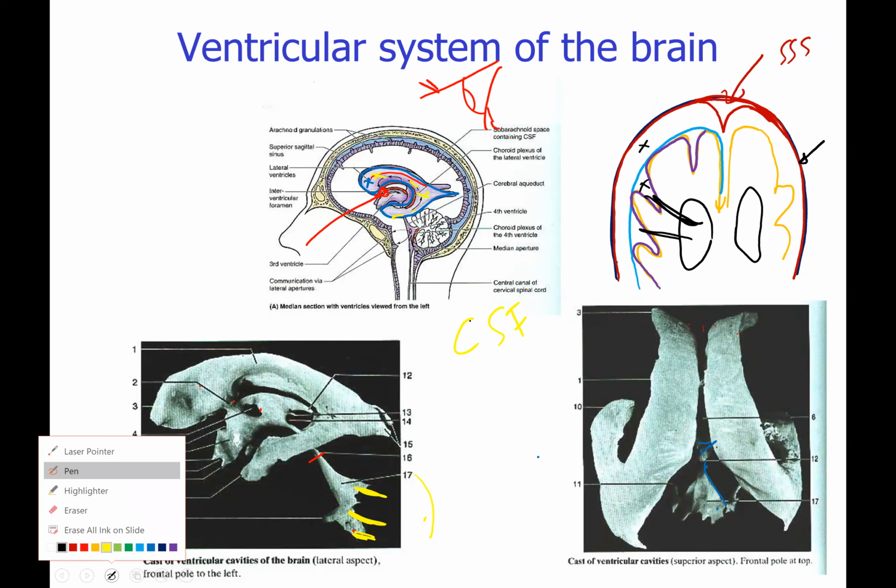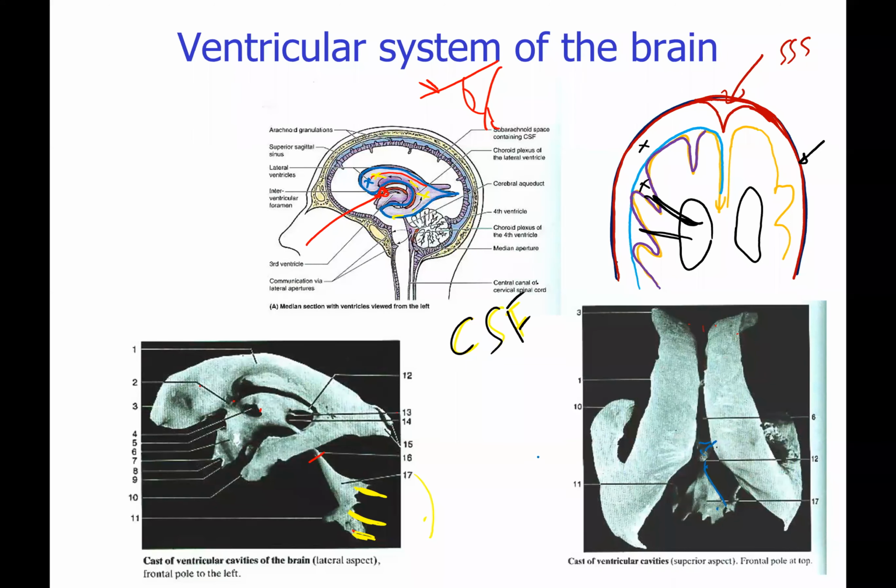Cerebrospinal fluid is produced inside the ventricles, I'll come back to it later, and comes out to fill the subarachnoid space.